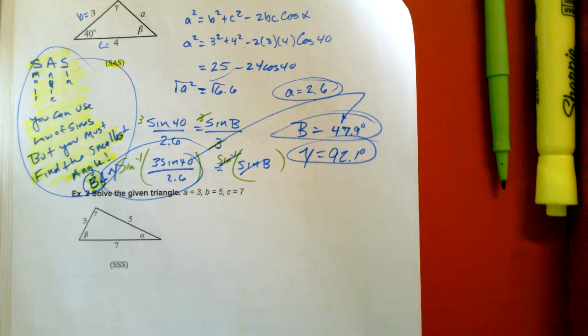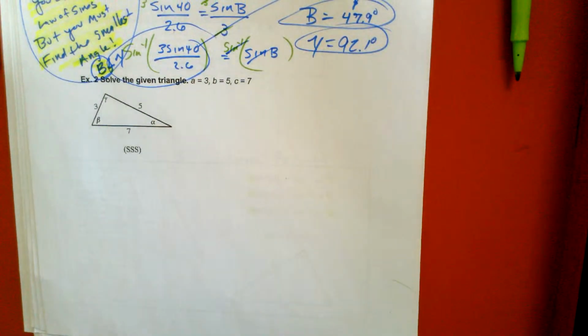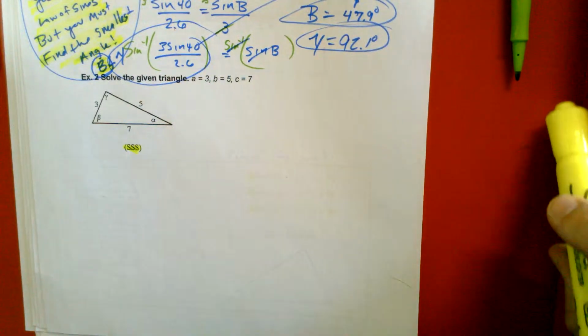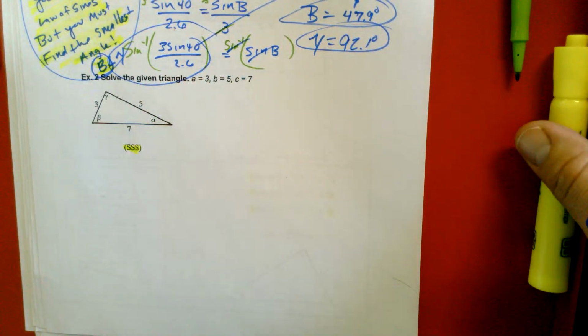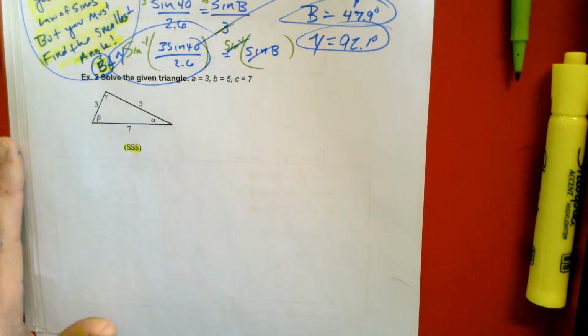All right, let's dive into number 2. This is different. This is a SSS triangle. If you're somebody that likes law of sines, then you have to follow this rule.